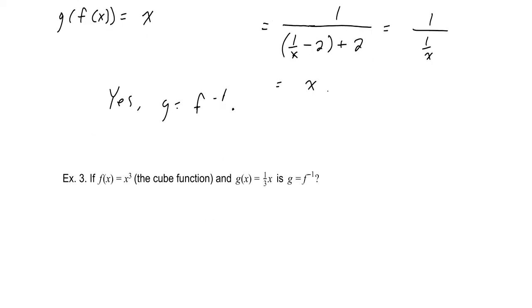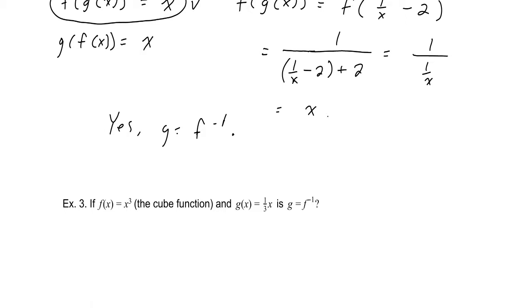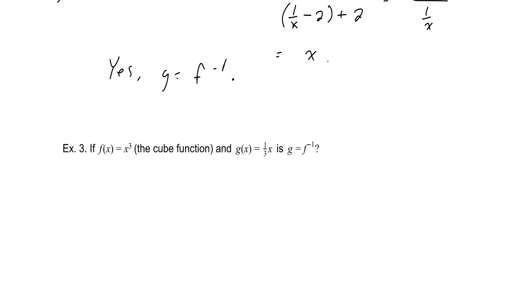Example 3, similar question. If f of x equals x cubed, the cubic function, and g of x equals 1/3 x, is g equal to f inverse? So again, we will take f of g of x, and we hope to show that that equals x.